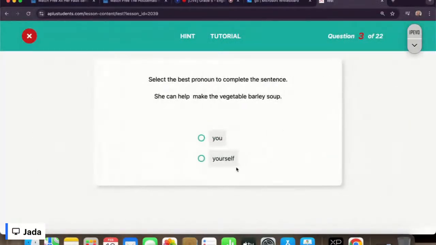Itself. Okay. She can help dash make the vegetable soup, first to second.